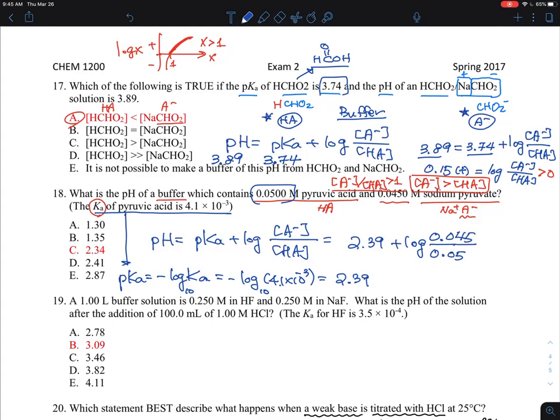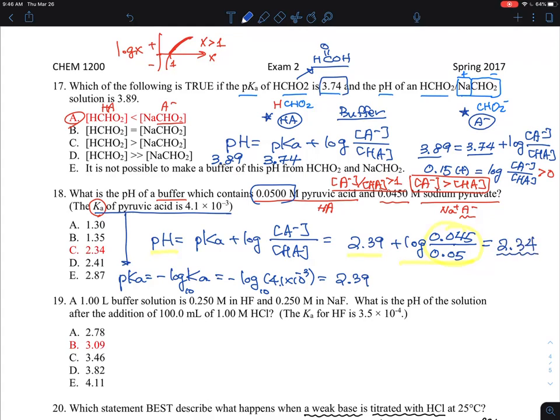You already kind of anticipate this ratio is lower than 1. So this whole log value is going to be negative, so the pH value will be smaller than 2.39. At any rate, you plug in your numbers, and you'll find something like 2.34.